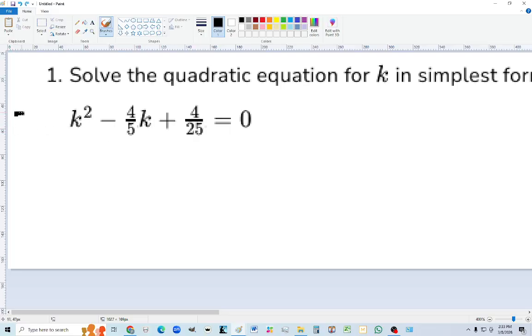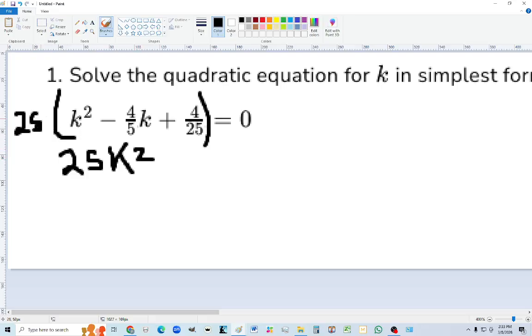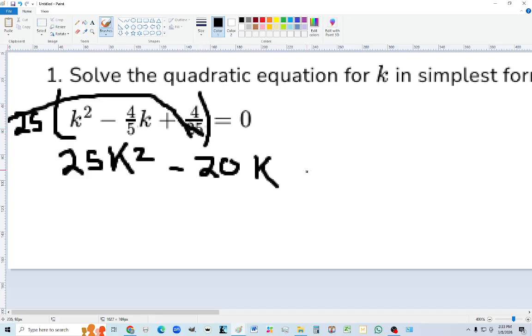So if I multiply the left side by 25 and the right side gets multiplied by 25, it simply becomes 0. 25 times k squared is 25k squared. 25 times 4, but divided by 5, becomes 5 goes into 25 5 times, so it becomes 5 times negative 4, negative 20. Okay. And then finally, this 25 and the last one will cancel out. You just have plus 4. And the right side stays 0.